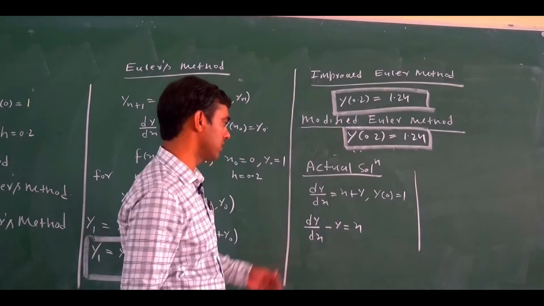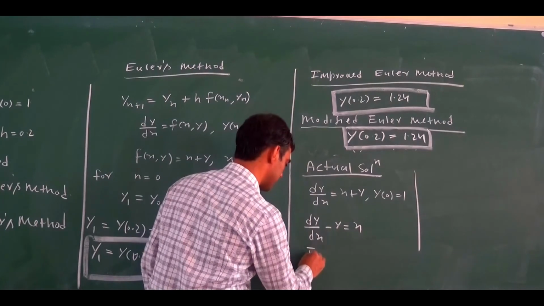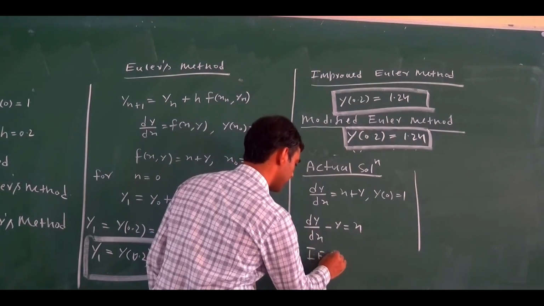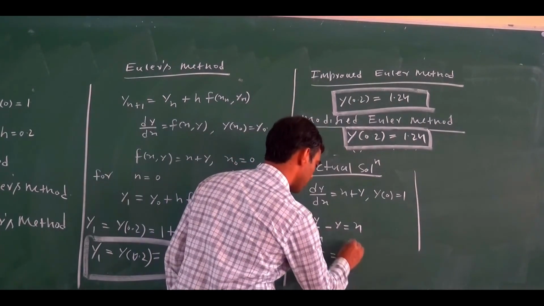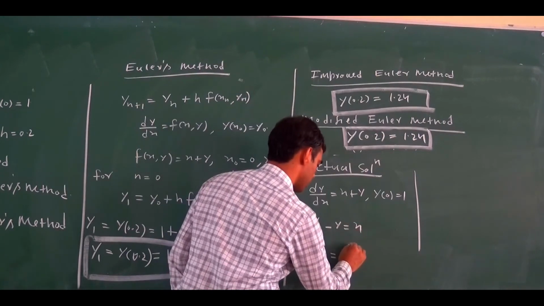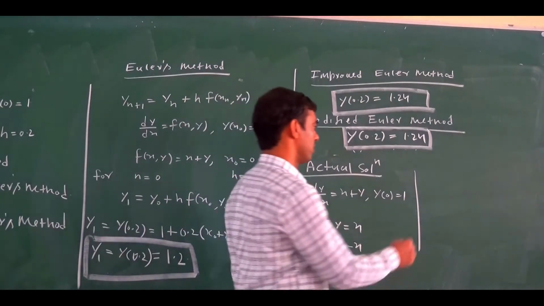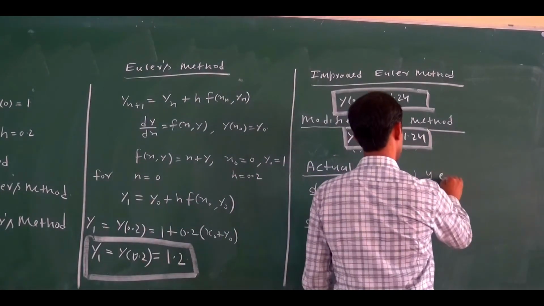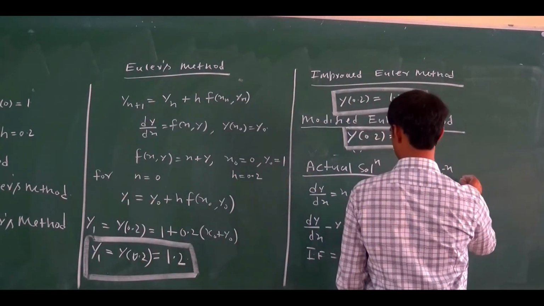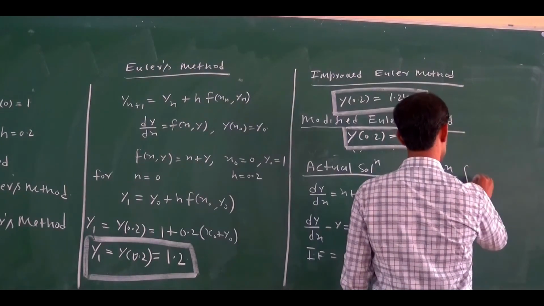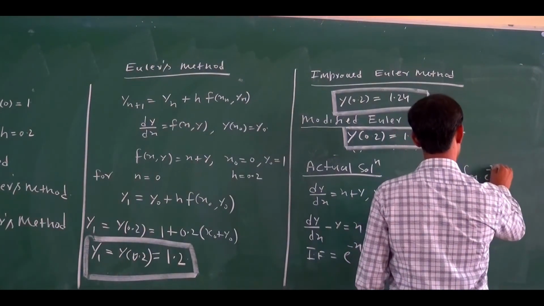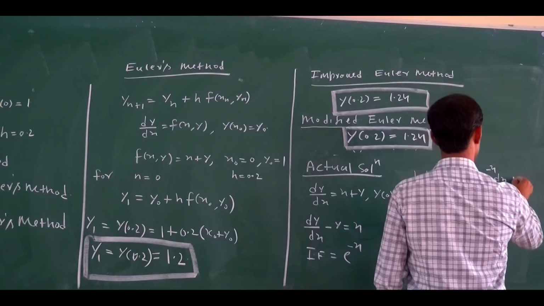So how do we solve this linear differential equation? What is the integrating factor? The integrating factor becomes e to power minus x. So what is the solution? y into e to power minus x equals the integral of x into e to power minus x dx plus c.